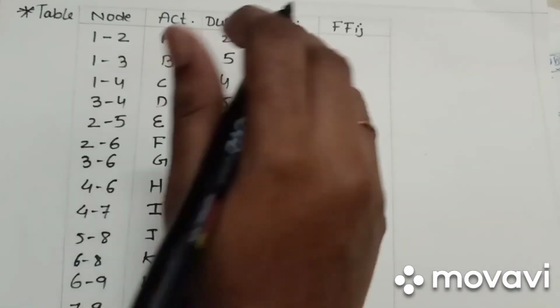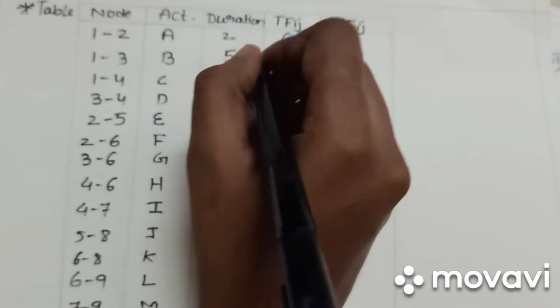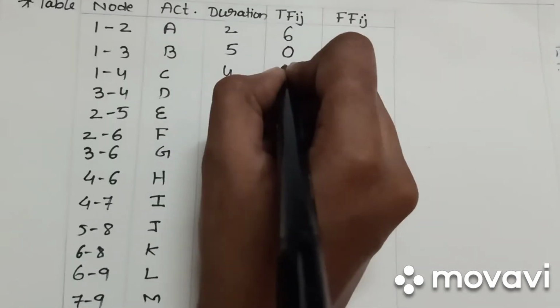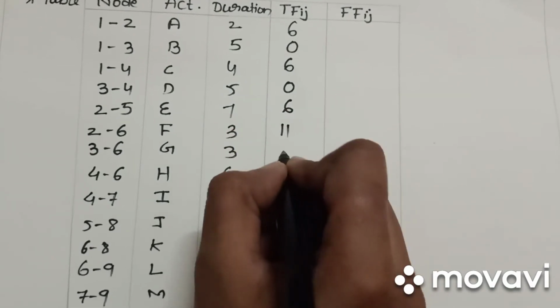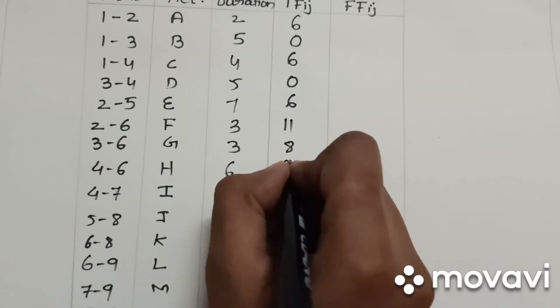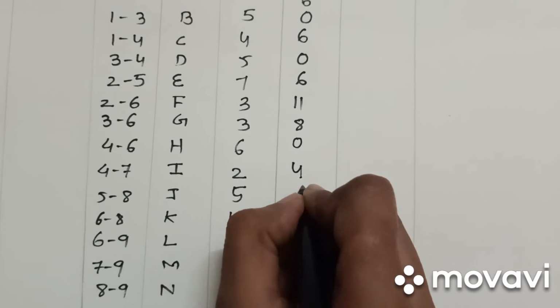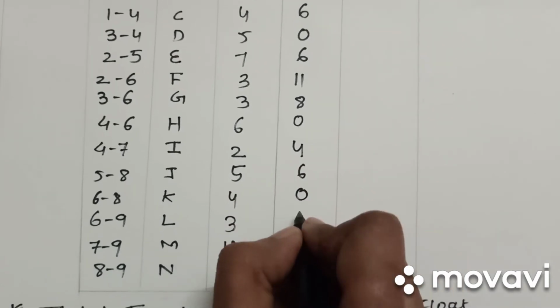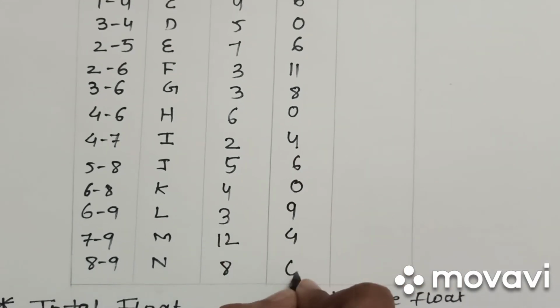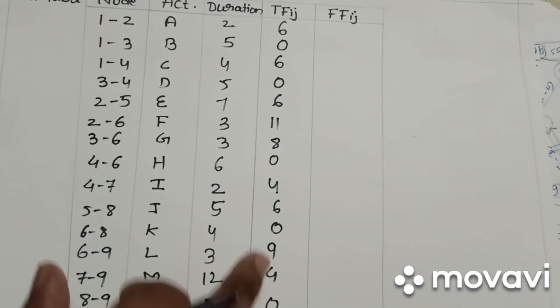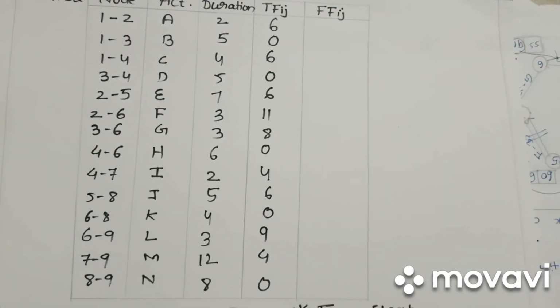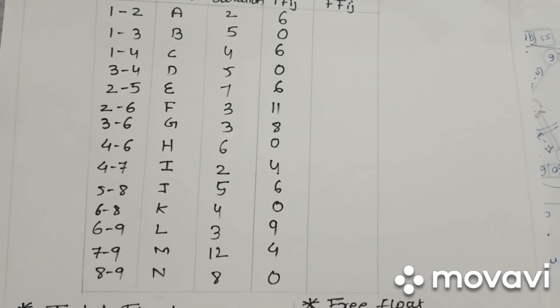For A activity total float is 6, for B activity total float is 0, 6, 0, 6, 11, 8, 0, 4, 6, 0, 9, 4 and 0. We have already calculated these numbers of total float. I have just written them down over here to understand in a systematic manner.